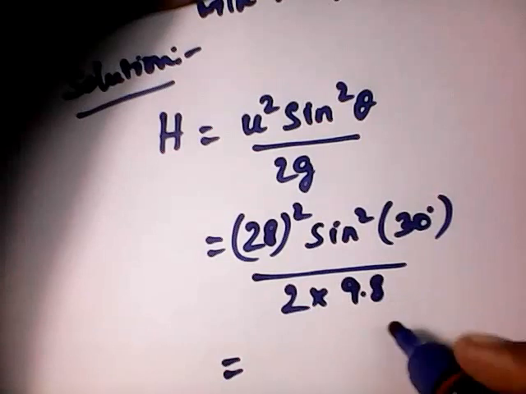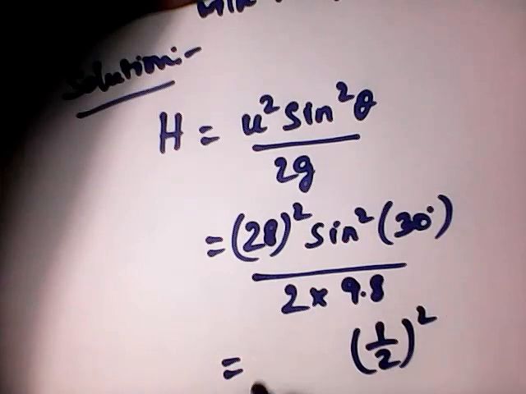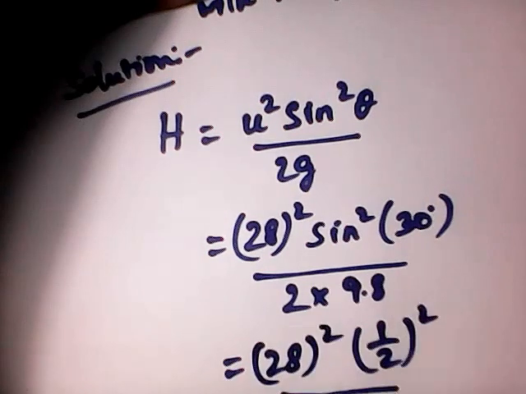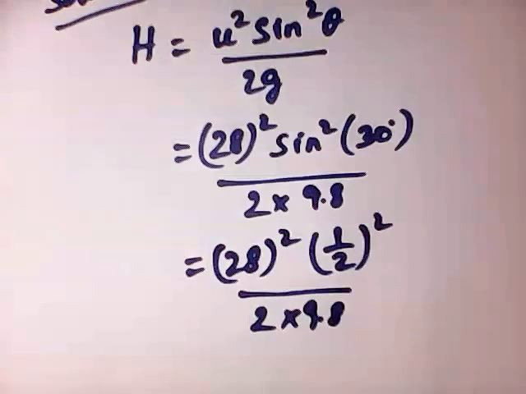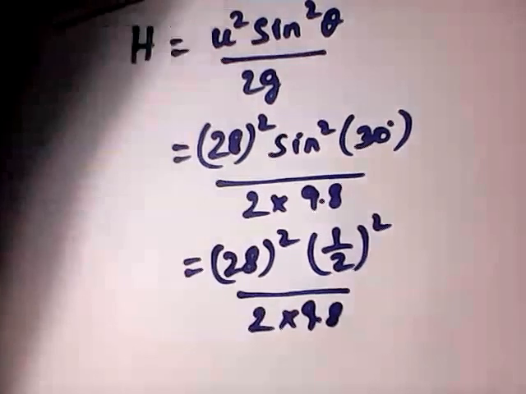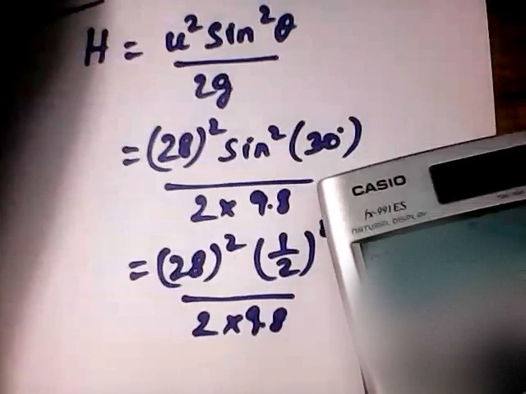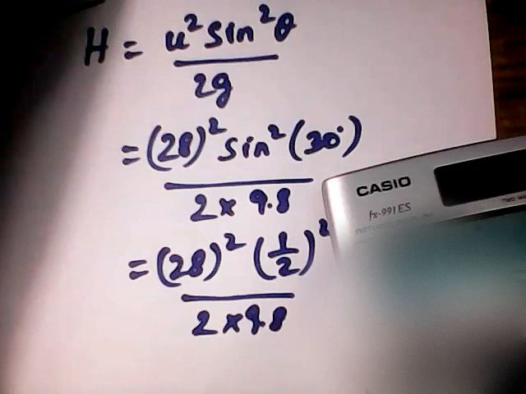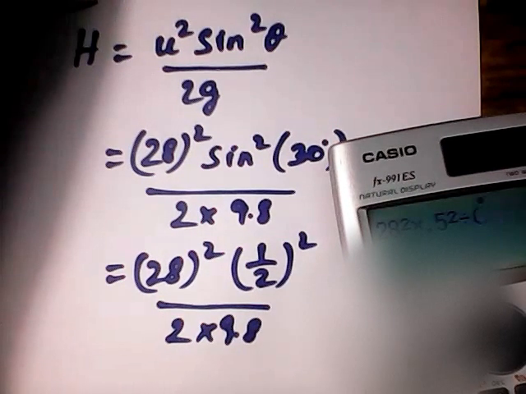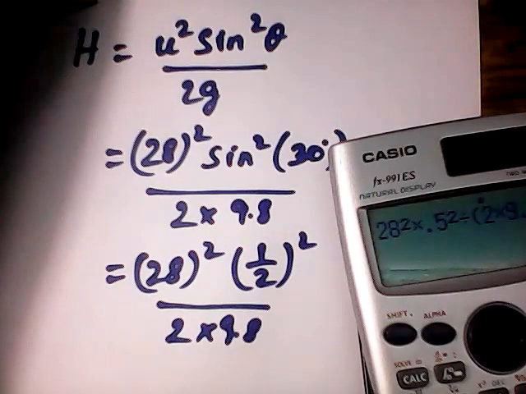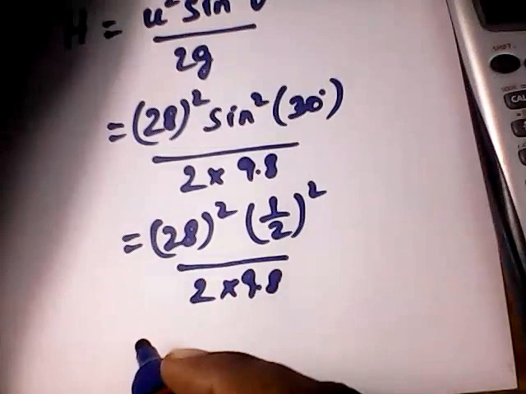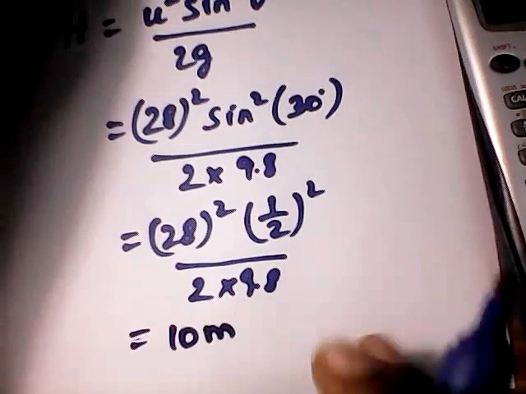So sine 30 is half, square, 28 square into half square divided by 2 into 9.8, the value comes to 10. Height equal to 10 meter.